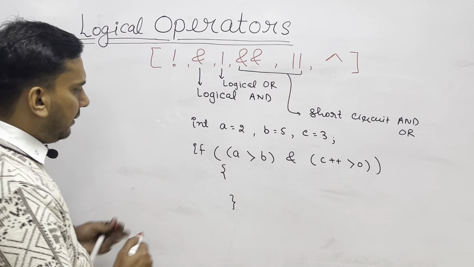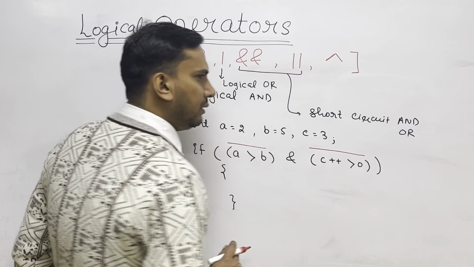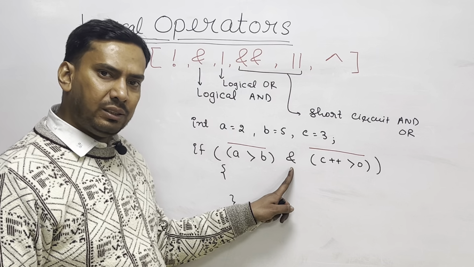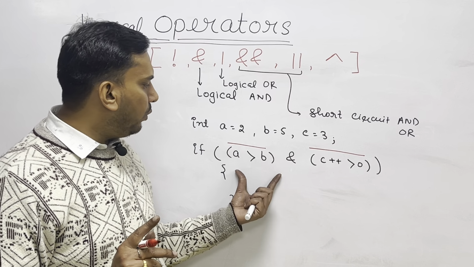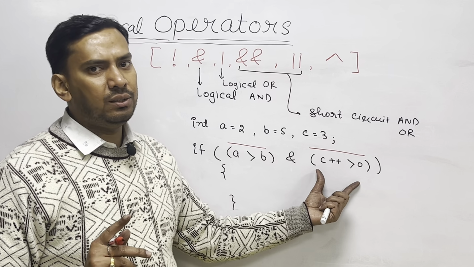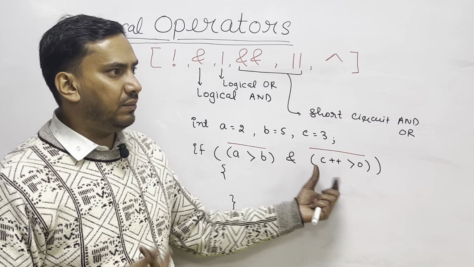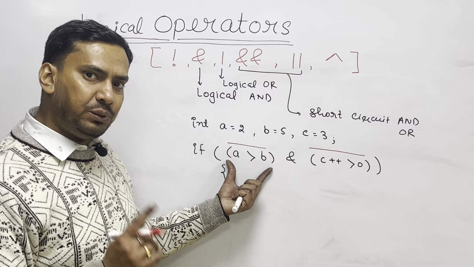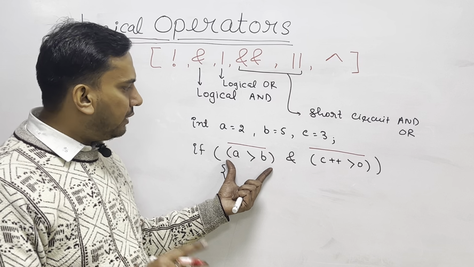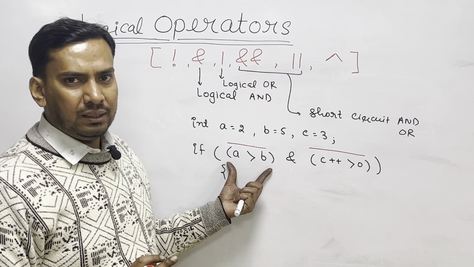Here this is your first expression and this is your second expression. This AND operator is going to give you the result true if both the operands are true. On the other hand, if you see the same thing from a different perspective, if the first expression gives you false, do you think that this is going to make any difference in the result?